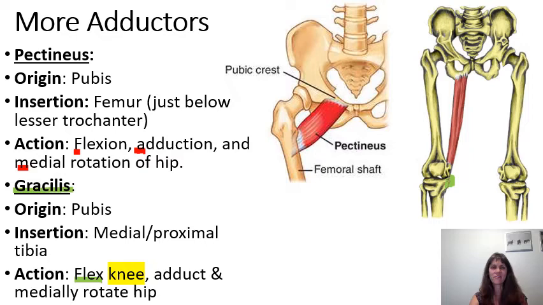So it's not a FAM muscle because instead of flexing the hip, this flexes the knee. That's a really important distinction for gracilis. Even though it is an adductor and it adducts and medially rotates the hip, it flexes the knee.